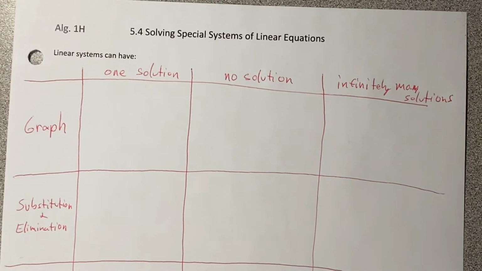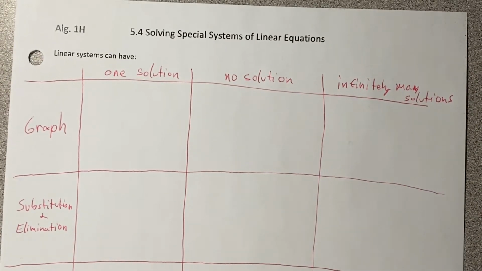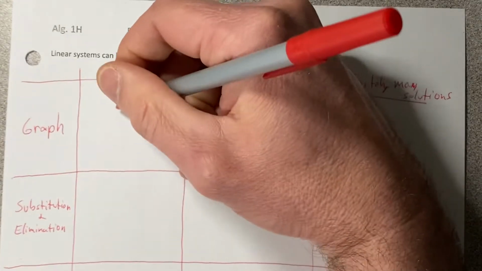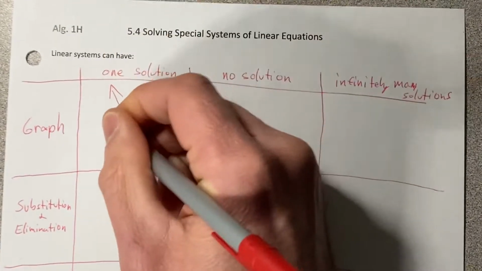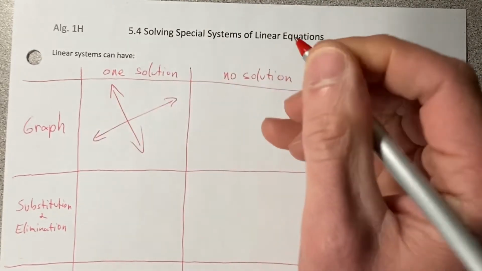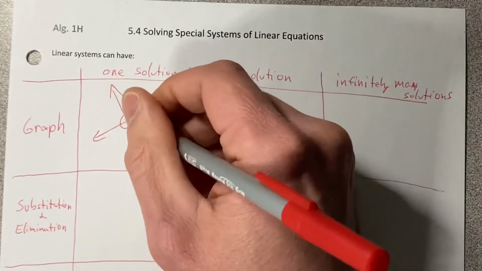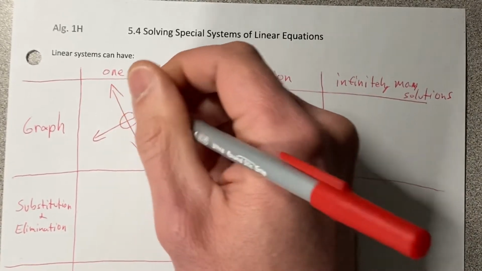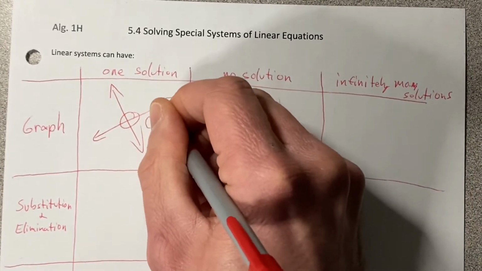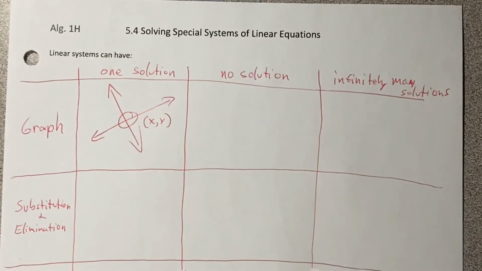Graphically, what happens when we graph these? You'd graph one equation, you'd graph the other, and lo and behold, you would get a coordinate in the middle where they overlap, and your one solution would be that coordinate, that x and y. With graphs, what would happen for no solution?